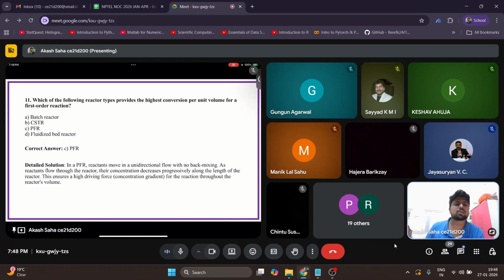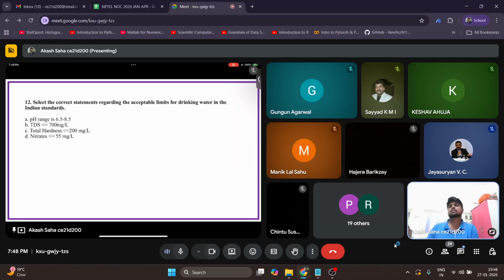Don't worry if you are not clear right now, it will be clear in the next session, next week. For now, just remember that the conversion rate is the highest for a PFR as compared to the other reactors per unit volume. Because if the volume changes, then it is a different game. If you consider the same volume for all the reactors, PFR is the best performing reactor.